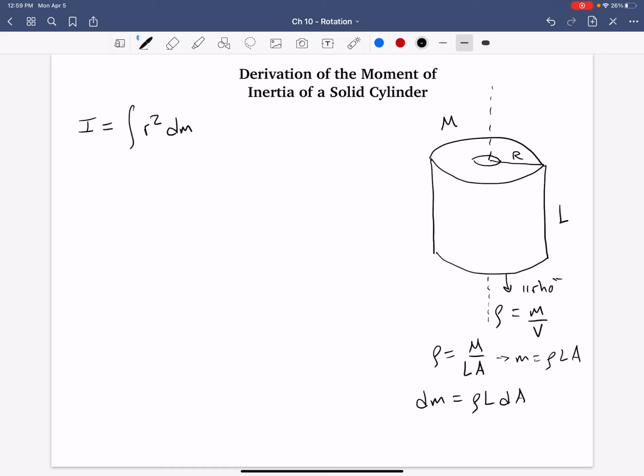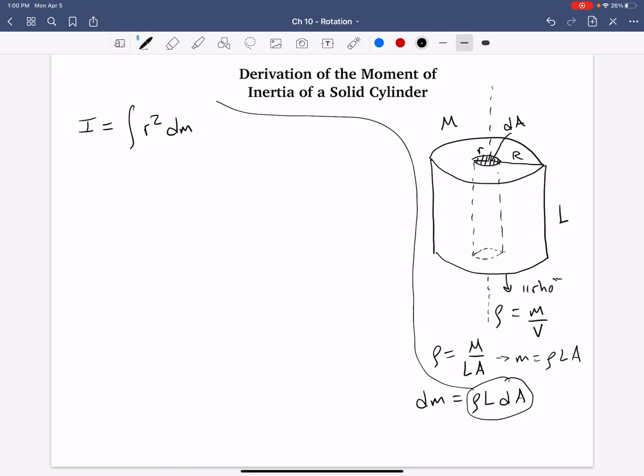We're going to have a bunch of circles, but they will all be of length L. We'll just expand the radius until we get to the maximum radius, capital R. And this is of radius lowercase r. Thus, the dA is the area right there, and that's what's changing.